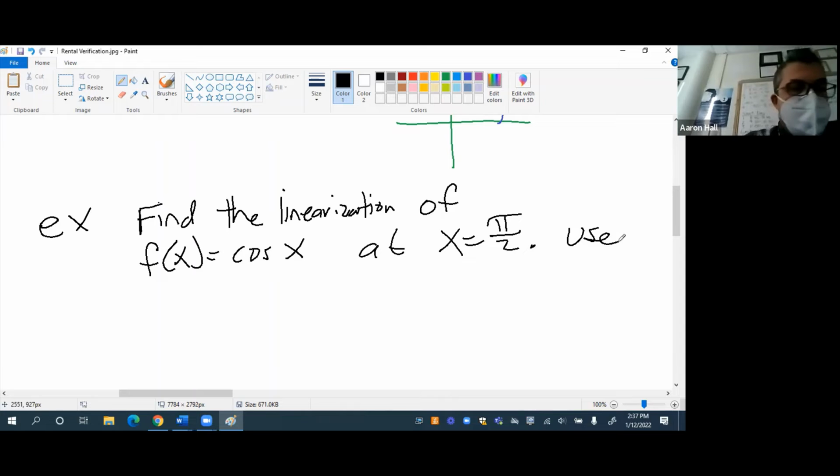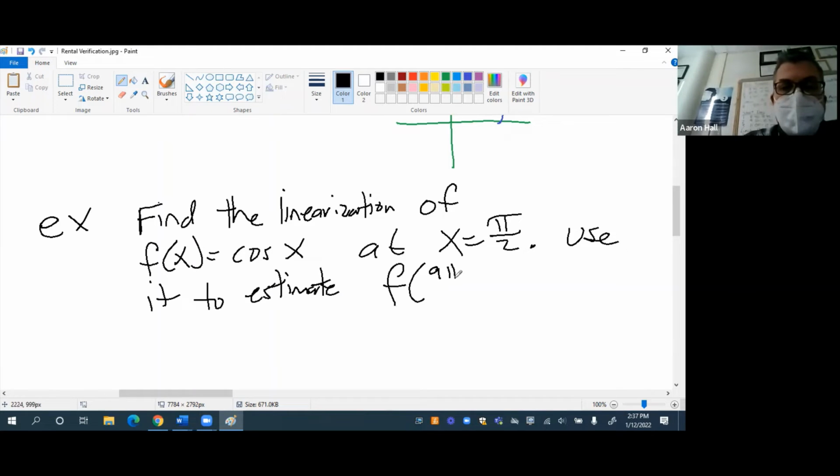I want to use it to estimate f of 9 pi 16ths. I don't know if you can see that it's 9. What do I do?